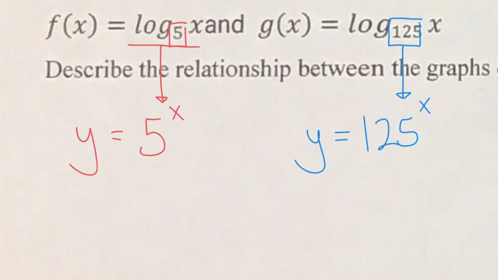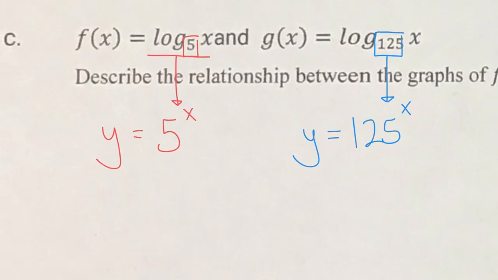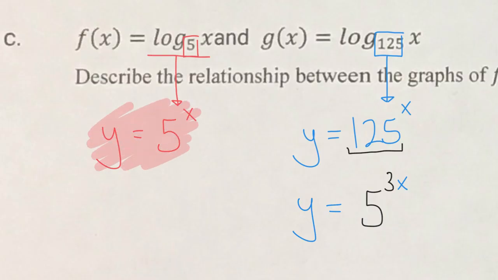So in order to really compare apples and apples, I need to change 125 to have a base of 5. So 125 is 5 to the what power? Well, that's 5 to the third. 5 times 5 times 5 is 125. So now that I have the same base, I can compare my two equations.